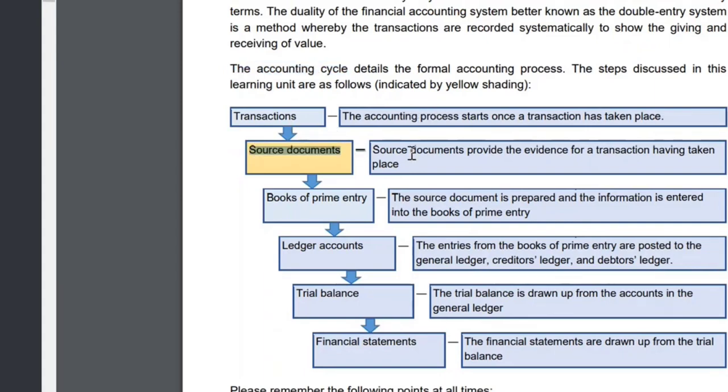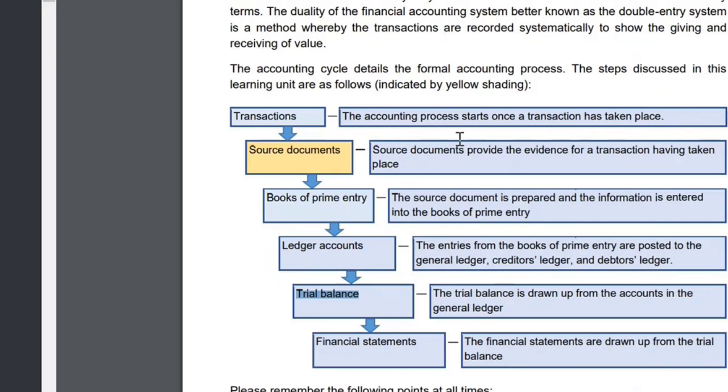We're doing step 2 now, which is source documents. Source documents are the documents that enable us as a business to record to the books of first entry. Books of first entry we will be doing in learning unit 4, and learning unit 5 will be ledger accounts and trial balance.